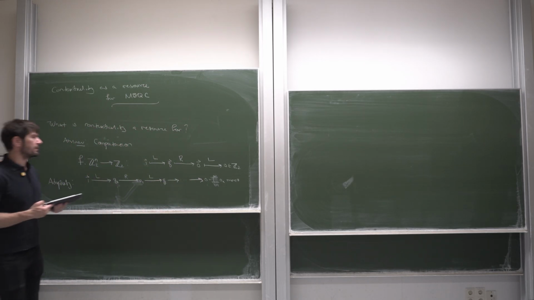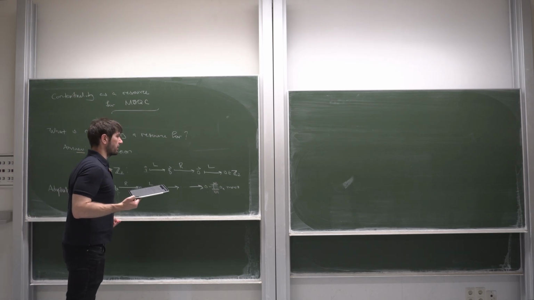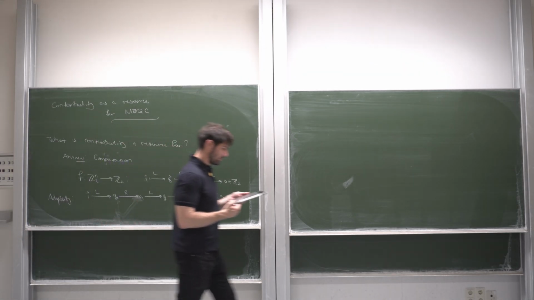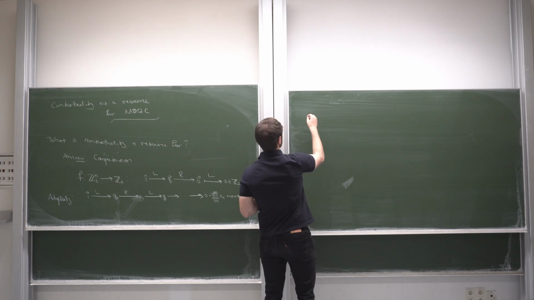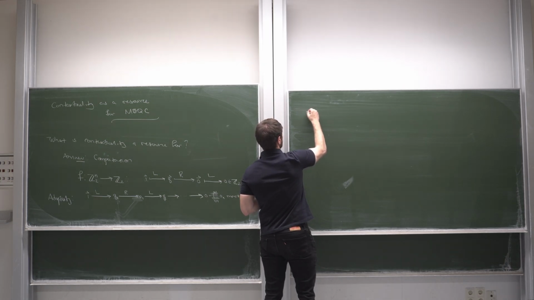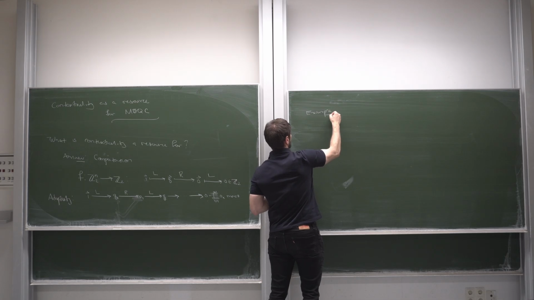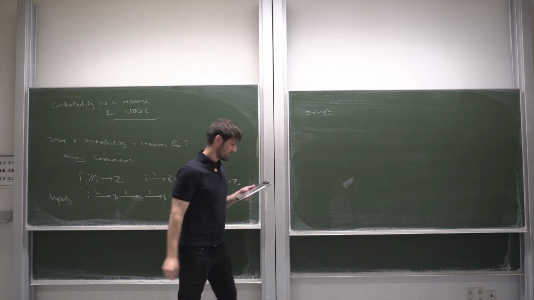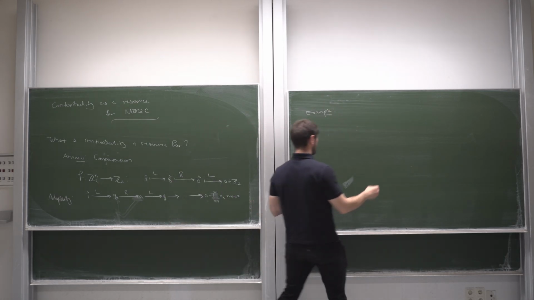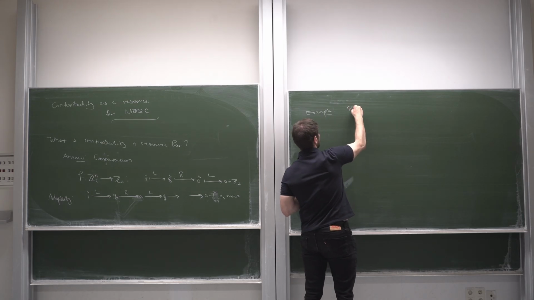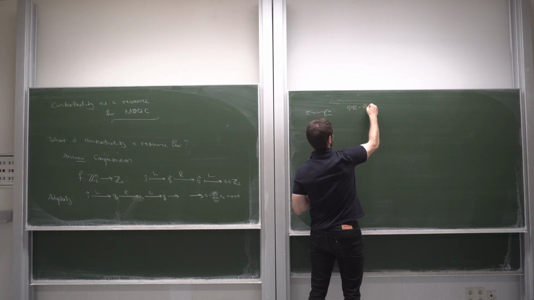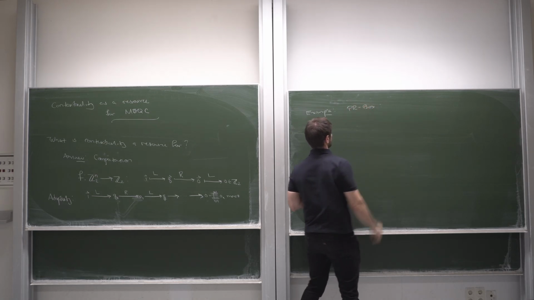Okay, so let's see an example. Luckily for us, there's plenty of examples to look at. The first example is going to come from the PR box, which we've talked about before.